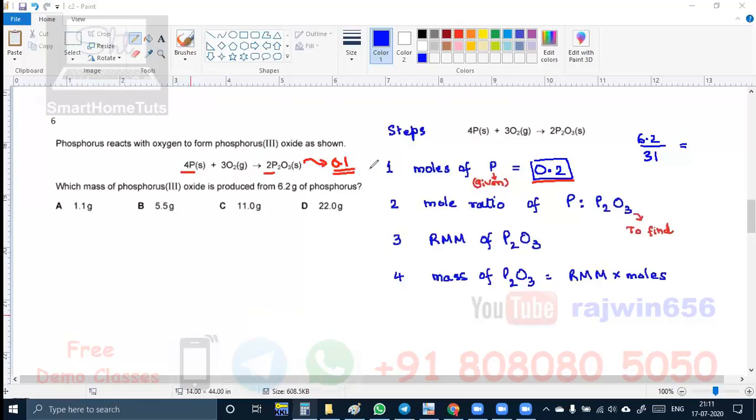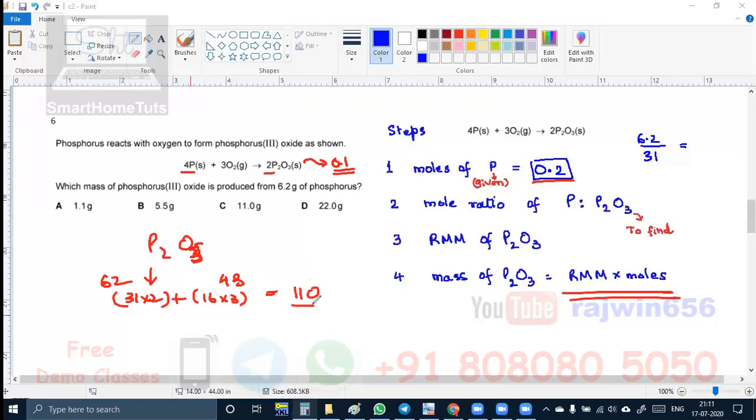Now once I get the moles, I simply have to multiply RMM and moles. So this will be 16 into 3. This is 62 and this is 48. This is going to give us 110. The molecular mass of P2O3 is 110. Moles of P2O3 is 0.1, it is half of this.